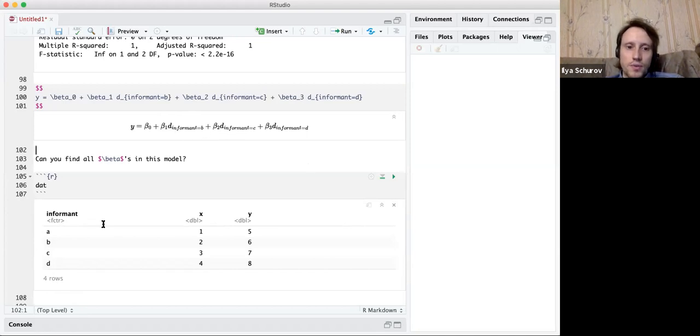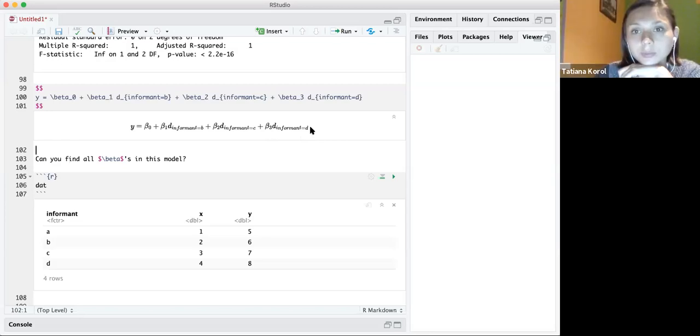For example, for the second row of my table, the value of this variable equals 1, and the values of the other two variables equal 0.